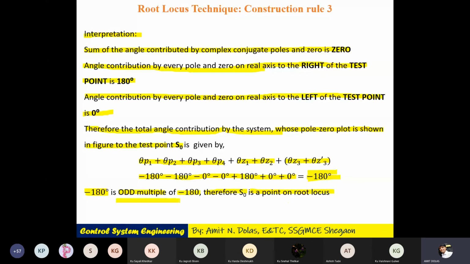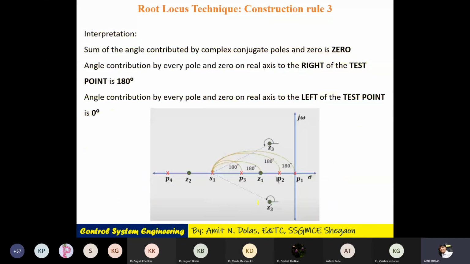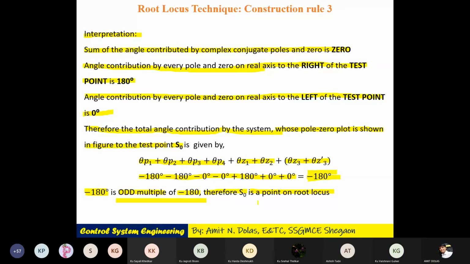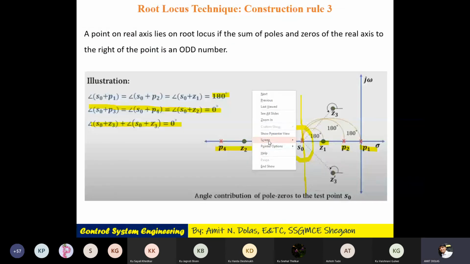If an odd multiplier comes, then S0 is a point of the root locus.